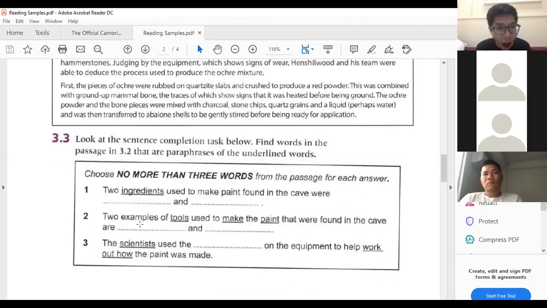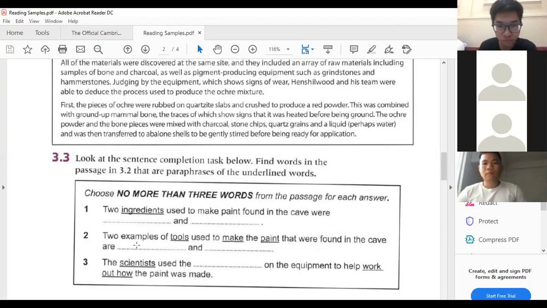We have 3 questions and 6 keywords. What are the synonyms of these words in this excerpt on top? The keywords are ingredients, tools, make, paint, scientists, and work out how.